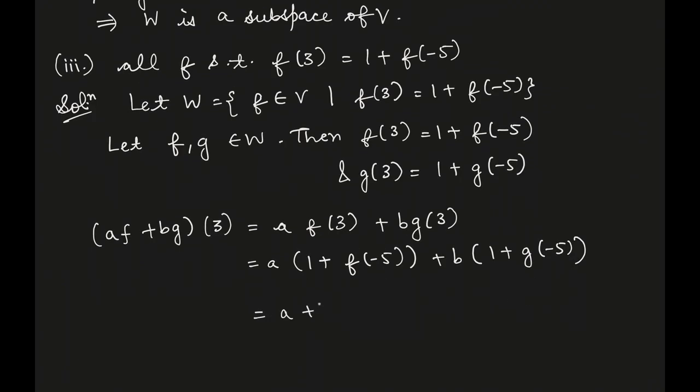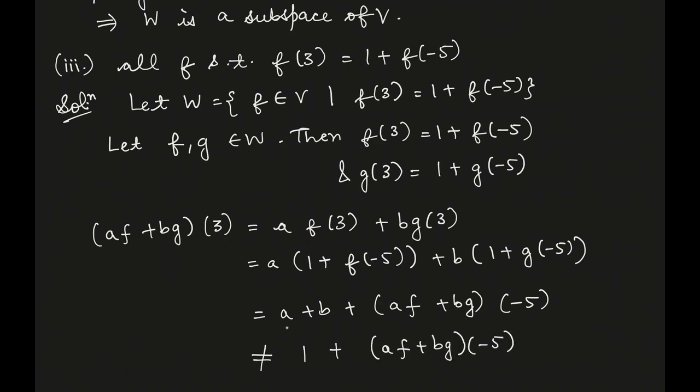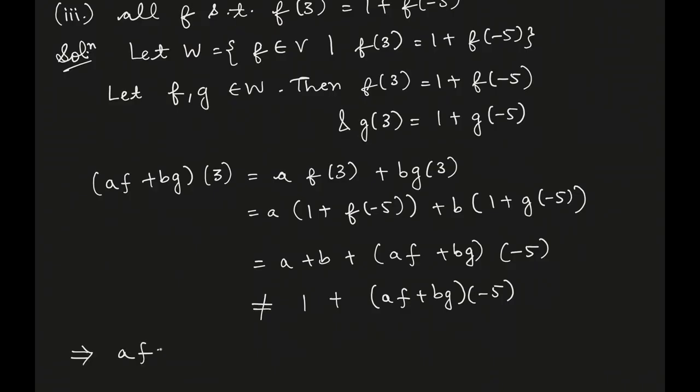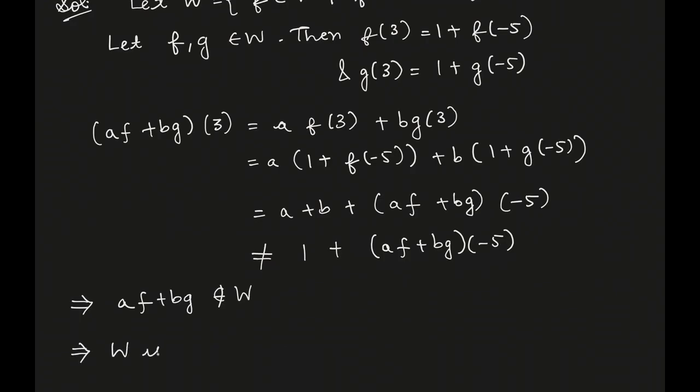It can be written as a plus b plus (af plus bg)(minus 5). And this will not be equal to 1 plus (af plus bg)(minus 5), means it is not necessarily equal to this. So this condition is not satisfied. af plus bg does not belong to W. This implies W is not a subspace of V.